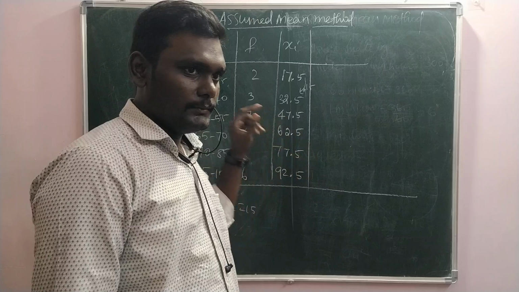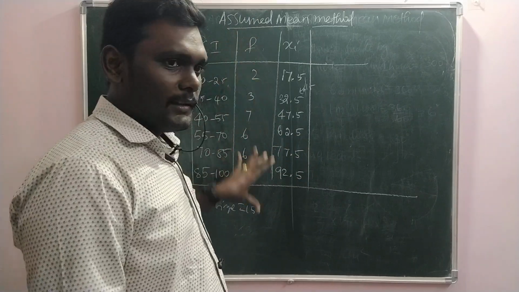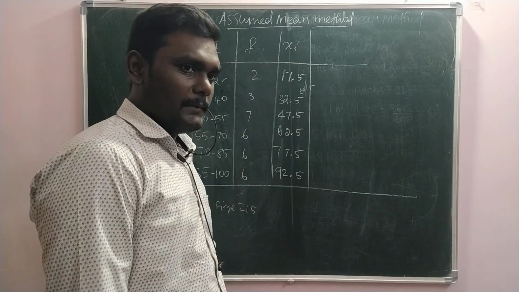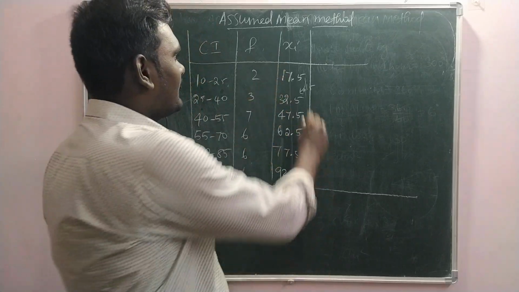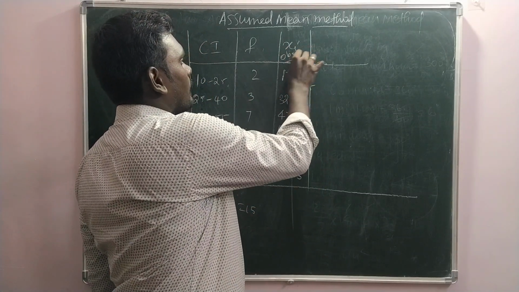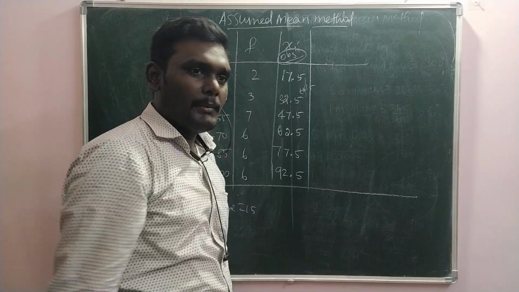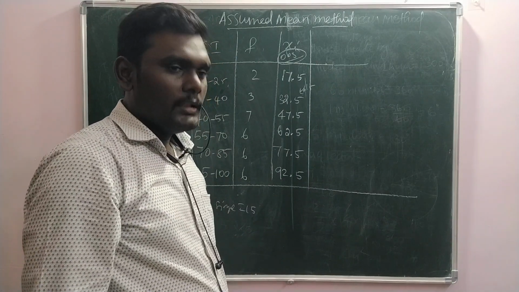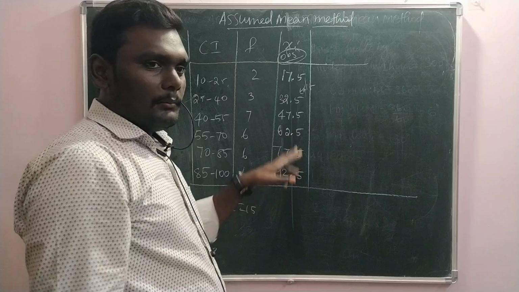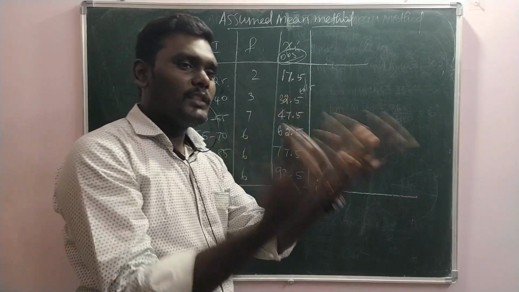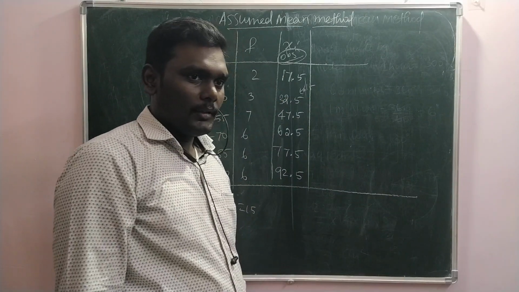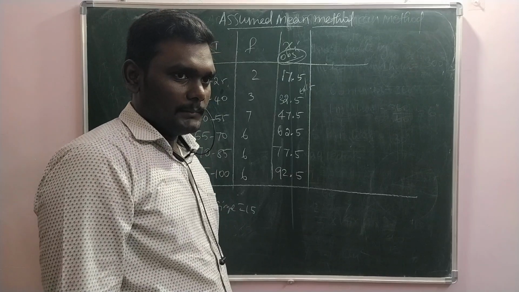That is very important. The mean comes from the xi column. xi is the observation, right? One of the observations only we take as the mean. Before even finding the mean, we can assume some value as the mean, and we'll do calculations accordingly.